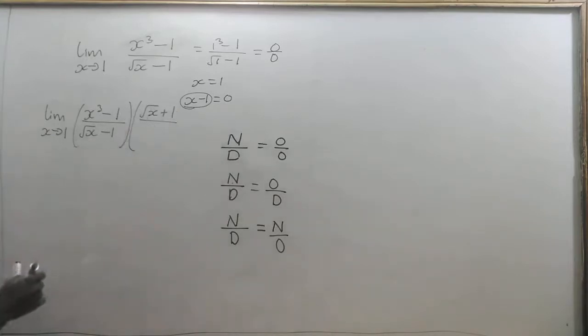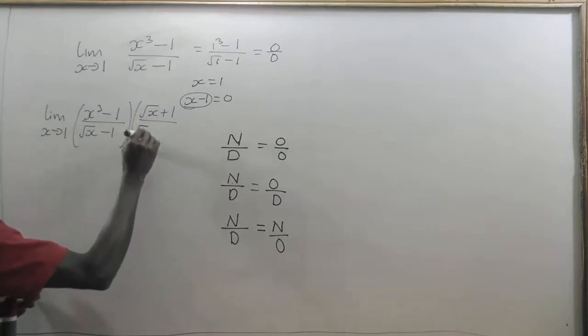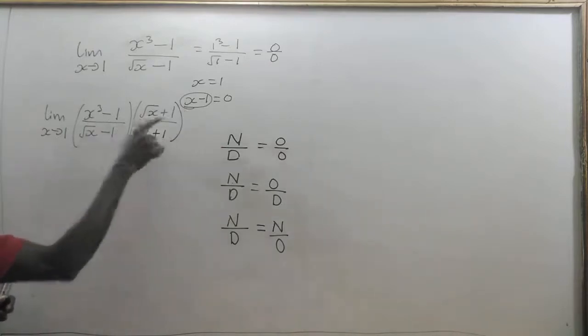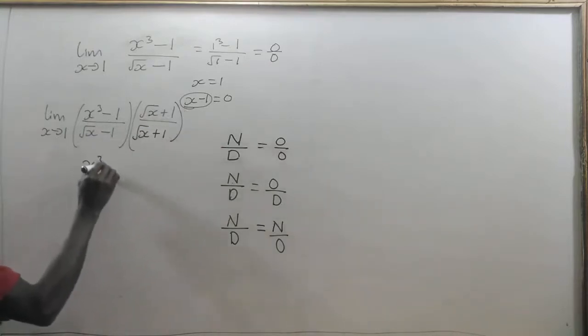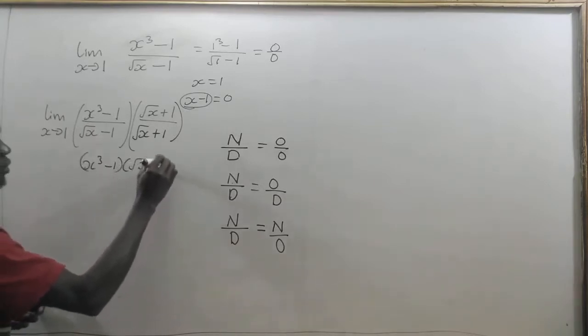And we multiply the denominator also by the same conjugate, that is square root of x plus 1. Now, let's multiply the top. We have x cubed minus 1 times square root of x plus 1.